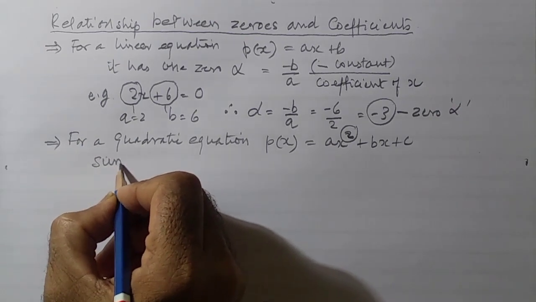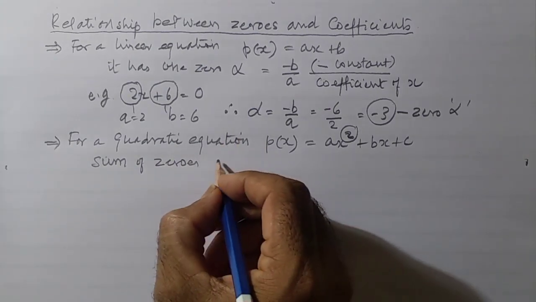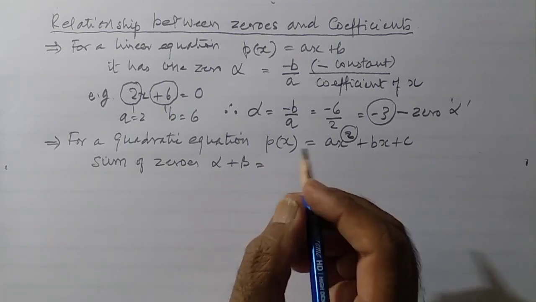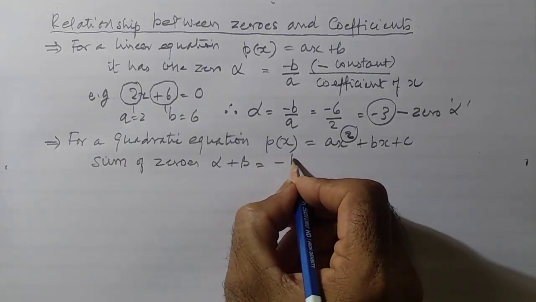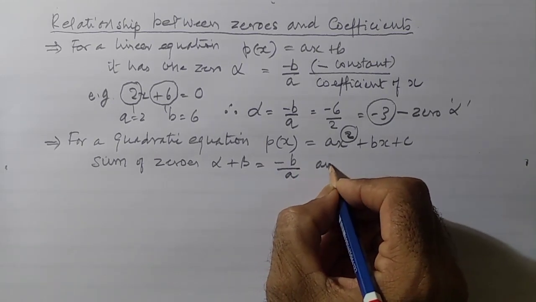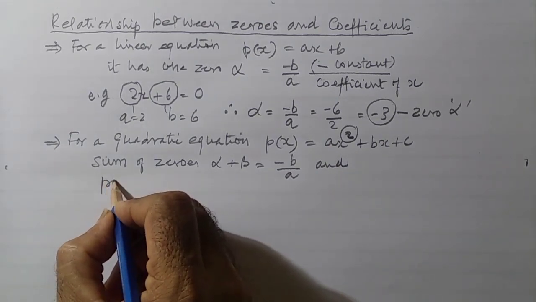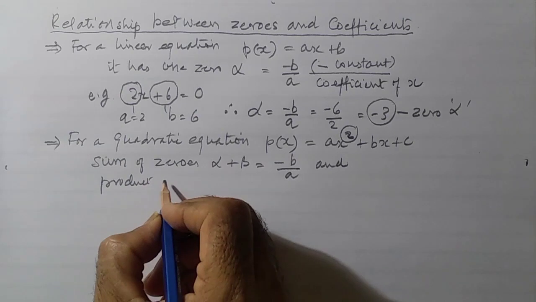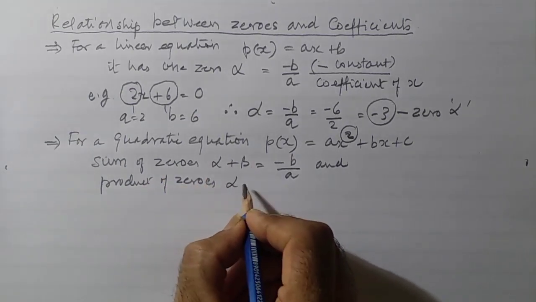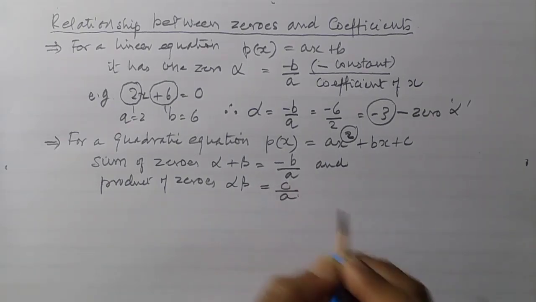Here we see that the sum of zeros, if you add both the zeros, alpha plus beta, one has to take minus b upon a, and the product of zeros, alpha multiplied by beta, we have c upon a.